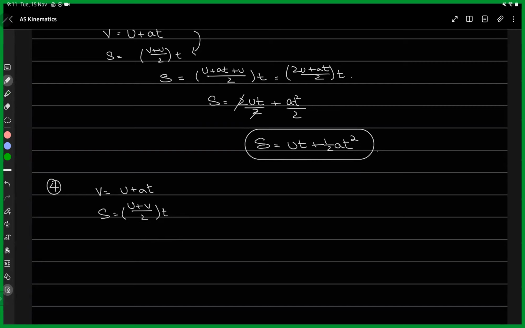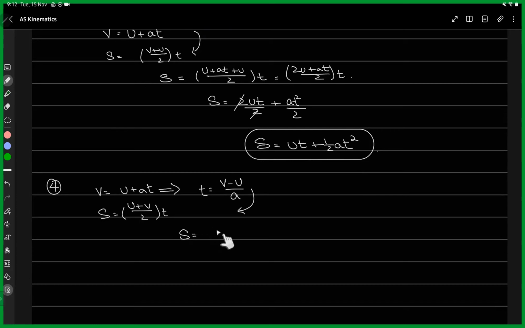Now, what we can do is change the first equation up a bit and write t is equal to, with everything else going on the other side, (v minus u) over a, right? And then you just put this back in the second one.